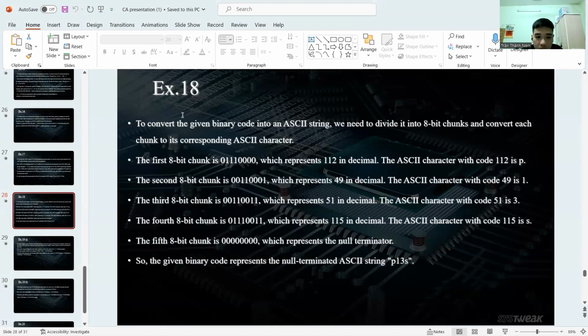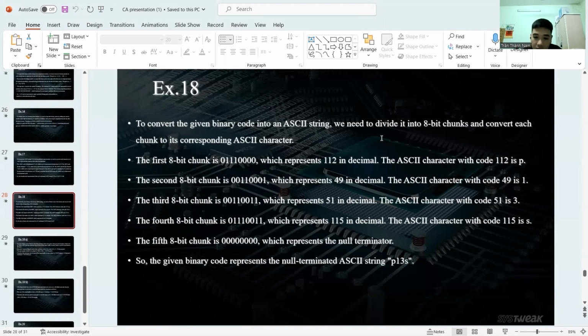To convert the given binary code into an ASCII string, we need to divide it into 8-bit chunks and convert each chunk to its corresponding ASCII character. The first 8-bit chunk is 01110000, which represents 112 in decimal.